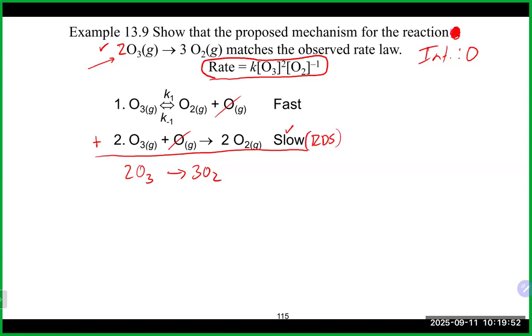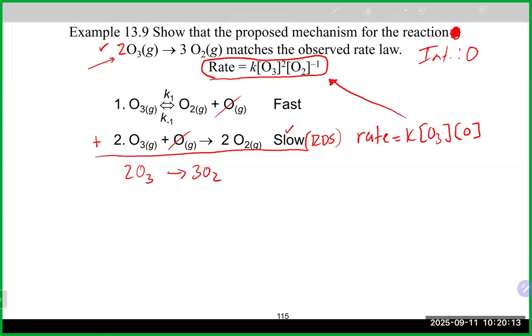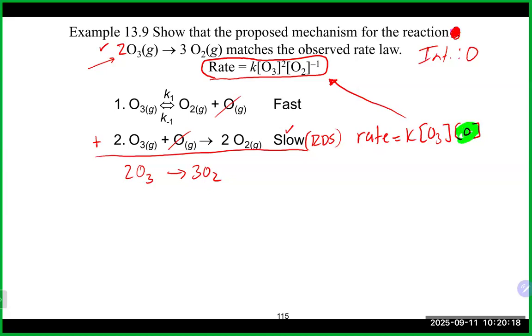So we want to write a rate law here for our slow step, and that is the rate is equal to k, O3 times O. Once again, at this point we cannot compare, and if you did, you might say it does not match, because it doesn't look the same. We have that intermediate in our rate law that we need to get rid of so that we can compare apples to apples.